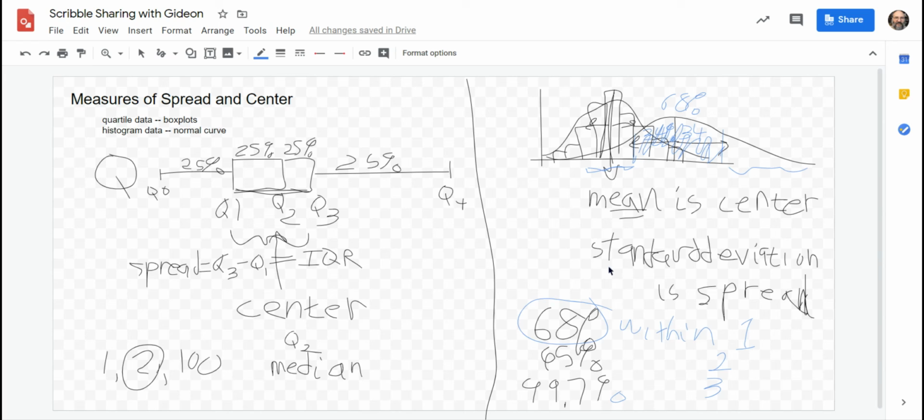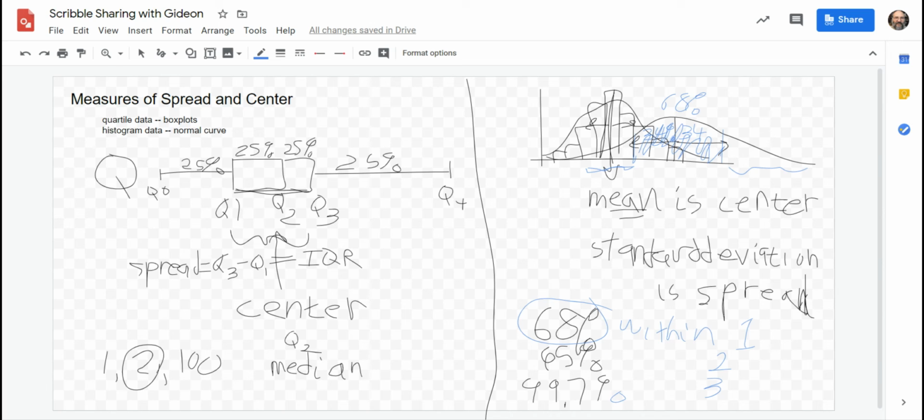Here we have the mean as the center, and the standard deviation is the spread, right? We talk about things that are less than 95% to happen by chance. Usually we call those statistically significant. That's more of the stats 2 kind of material, but it's important to think about that stuff.